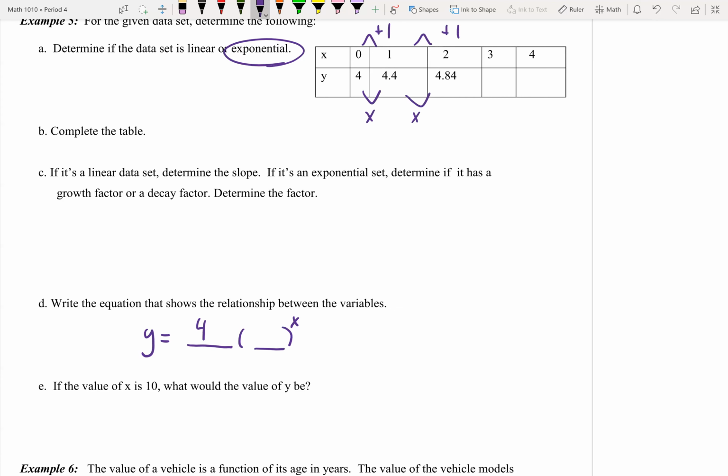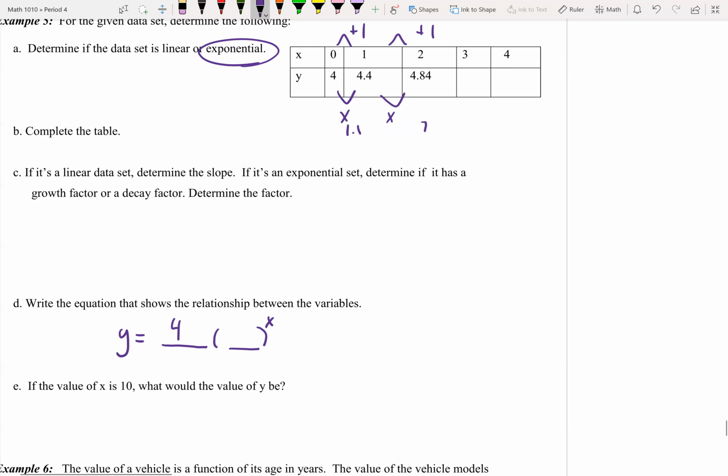Okay, now, the only other thing I have to do is figure out what I'm multiplying by to get that, right? Well, look how easy it is. See the second y value, 4.4? You just divide it by the previous one. So you just go 4.4 divided by 4, and you get 1.1. You don't have to do this, but punch in 4.84 divided by 4.4, what do you get? 1.1.